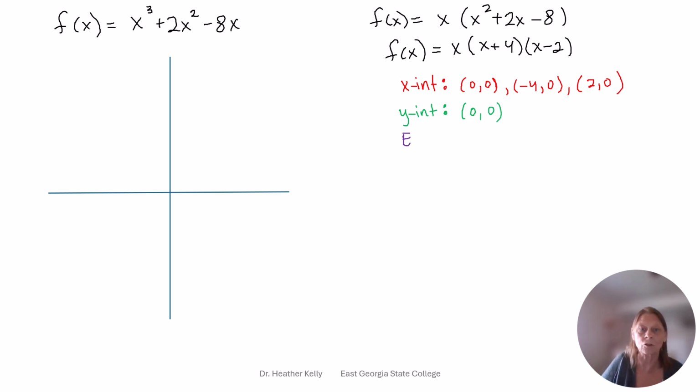And let's look at our extreme end behavior here. Looking at the original, looks like we have odd and positive. That means it is down on the left and up on the right. It goes in an upward slope as you read it from left to right. All right, let's graph this real quick.